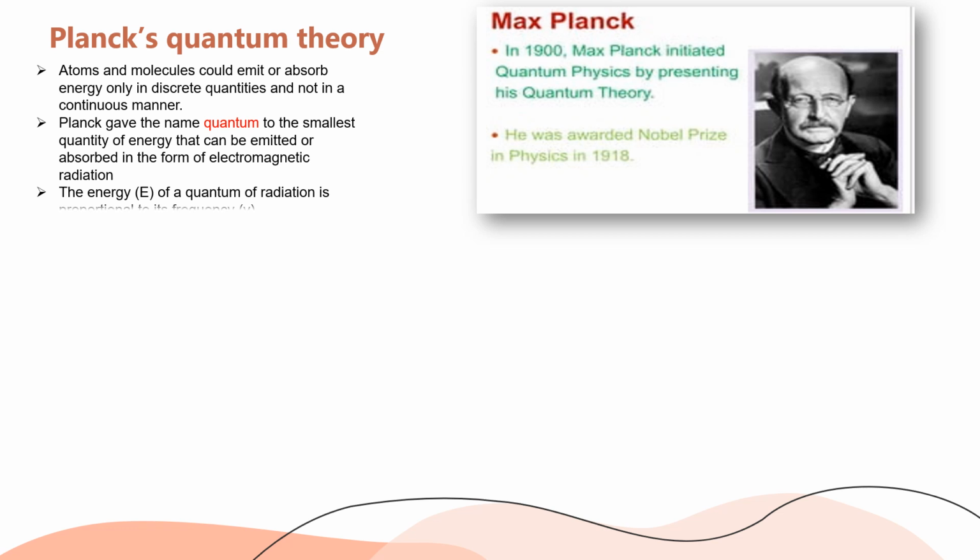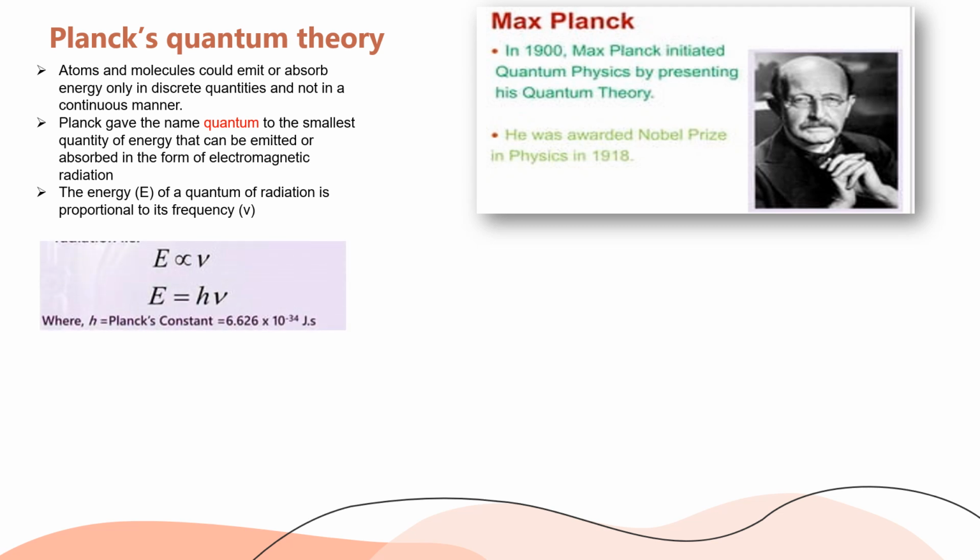The energy of a quantum of radiation is proportional to its frequency and is expressed by the equation E is equal to h nu. Here, the proportionality constant h is also known as Planck's constant and has the value 6.626 times 10 to the power of minus 34 joule second.